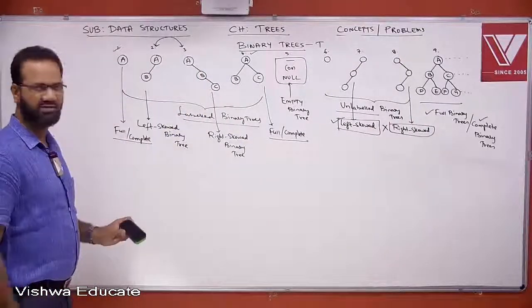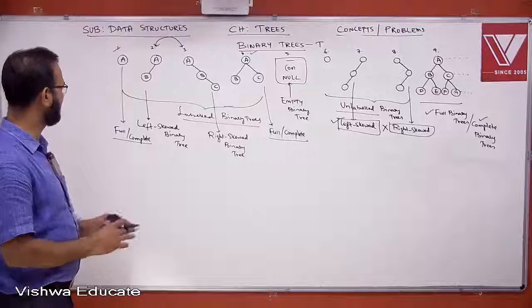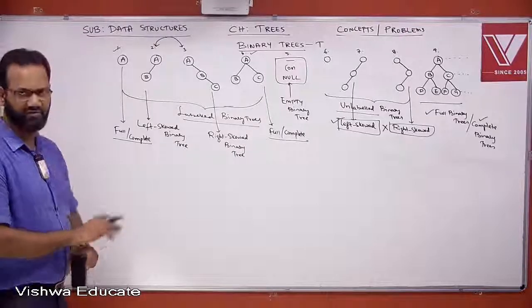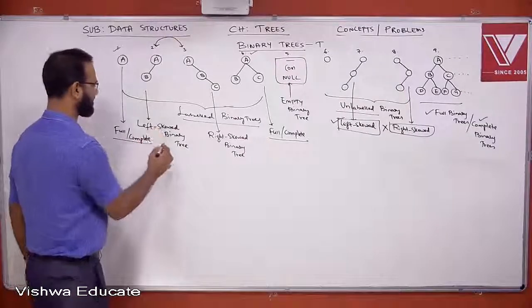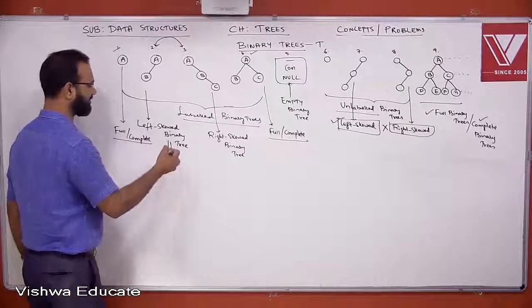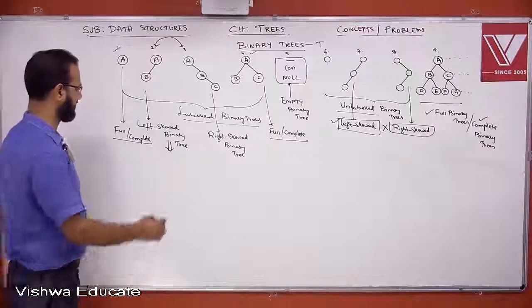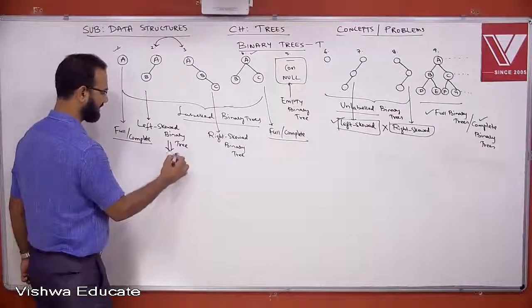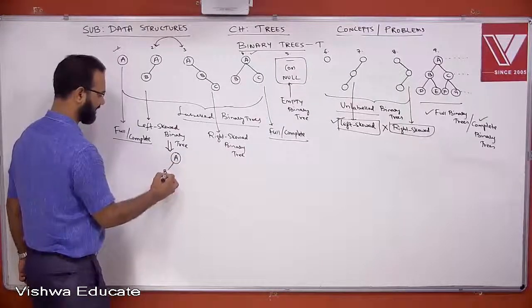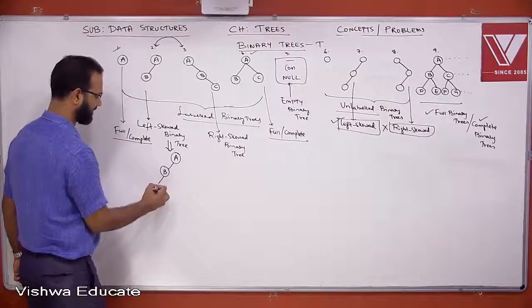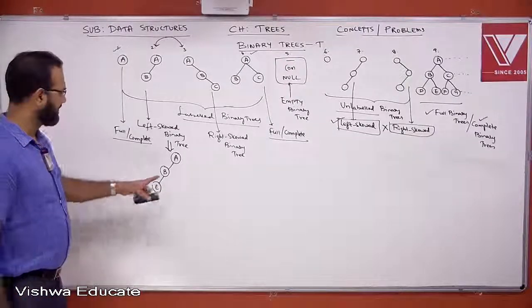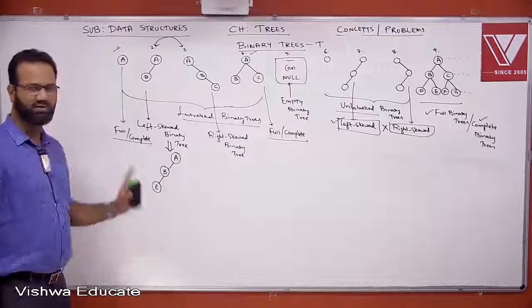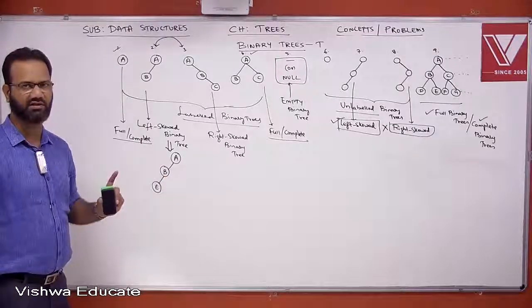Keep that particular thing in mind. When I say it is full and also complete, we will see the difference now. When I say left skewed, what could some of the other left skewed binary trees be? Can I say A with B and some other node E over here is also left skewed? Yes, there are only left nodes, no right node exists in the tree.